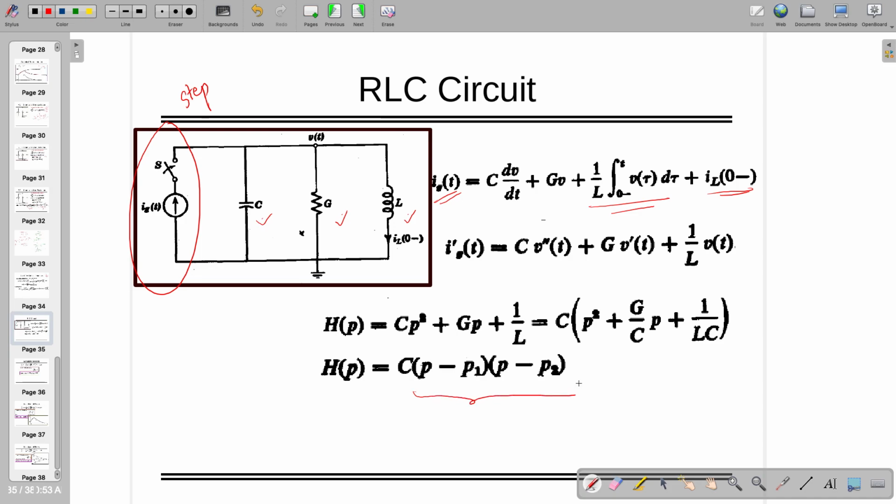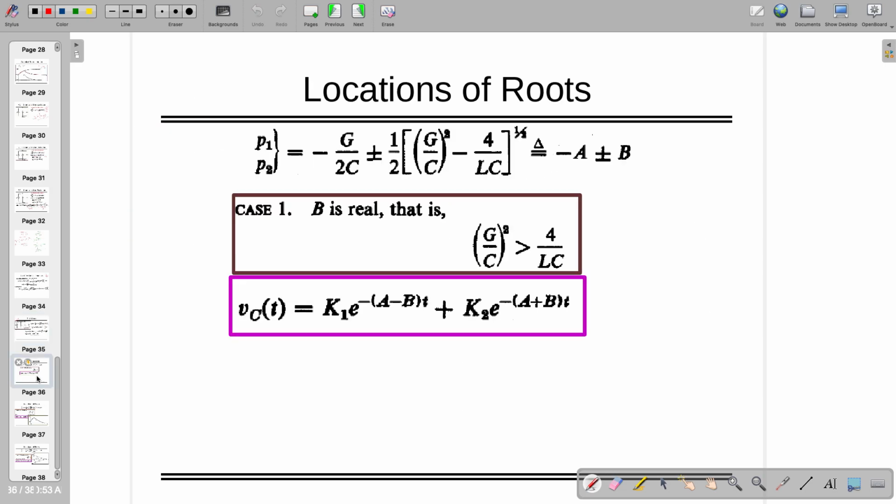Now the interesting part happens, and you must have seen such things in the last lecture of my Bode plot, which was complex and conjugate pairs. So if you are not controlling R, L and C values correctly, you are going to see complex and conjugate pairs. If the answer is real, there is no problem.